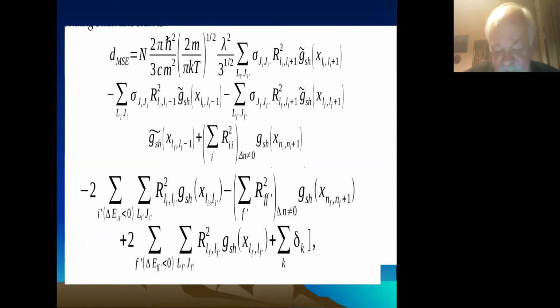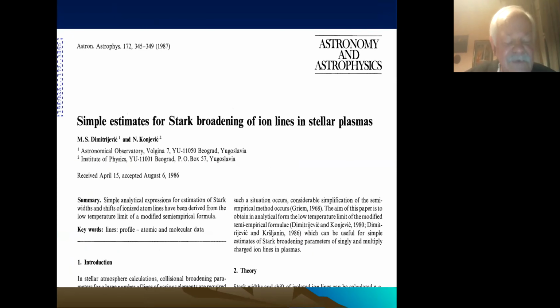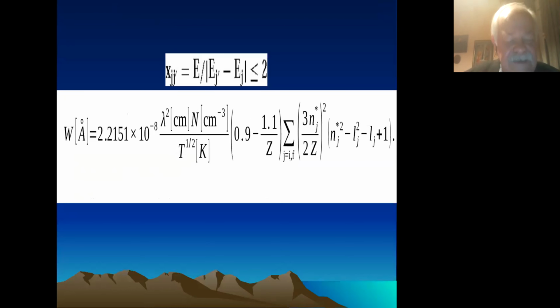So this is for shift, and we made an even simpler formula when the low temperature limit is valid, when we have only elastic collisions, so that in this case we can make an additional summation, and the formula is much simpler.